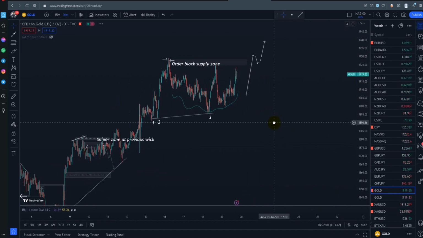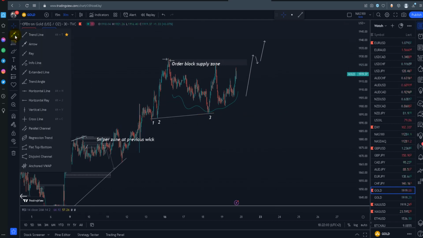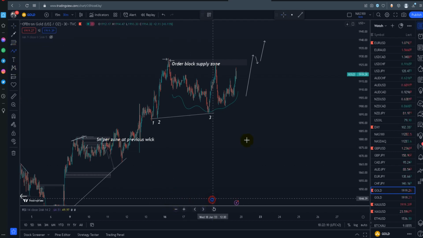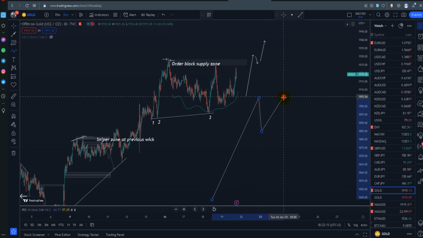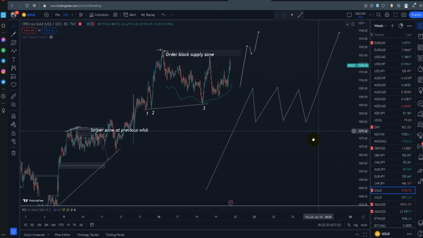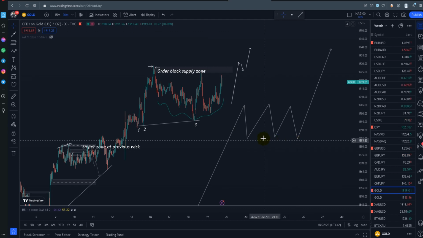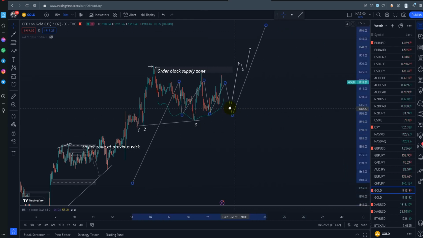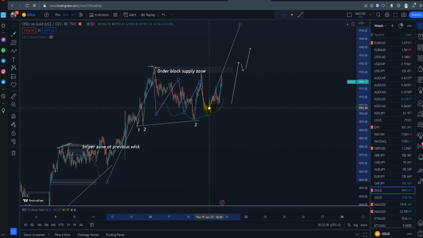If I zoom out, you can see that we have this type of structure happening. This is an upward flag momentum, and if we line that up over here, you'll see that it fits the pattern in some way.